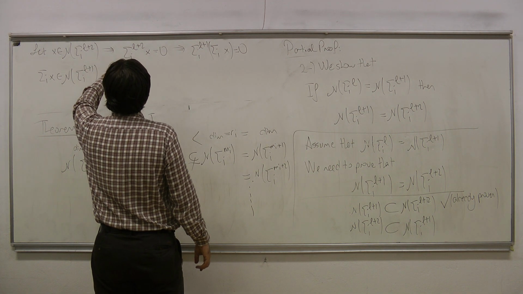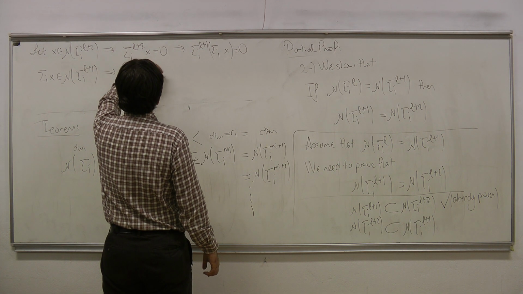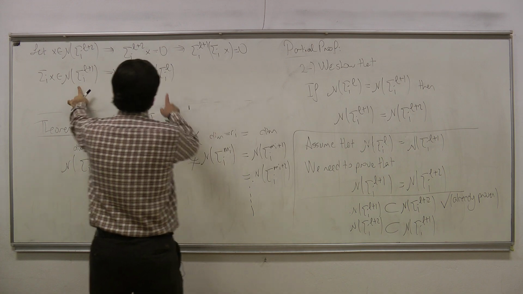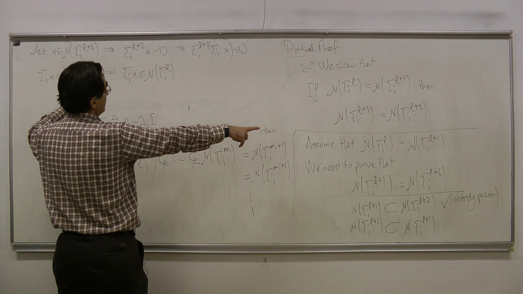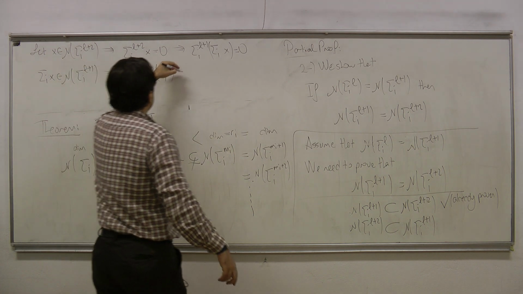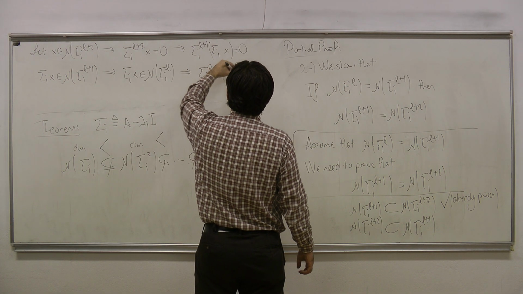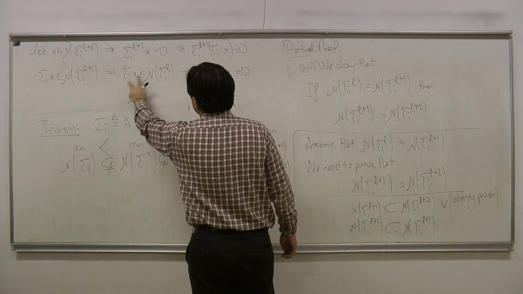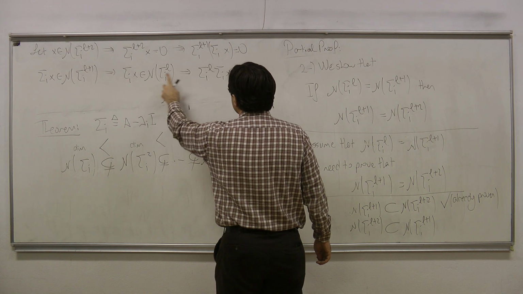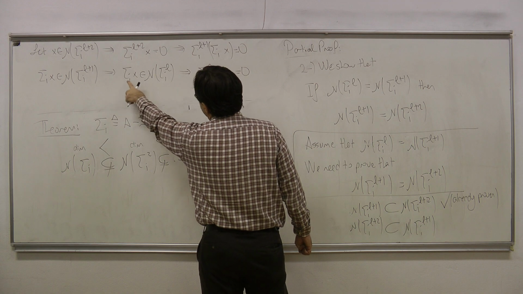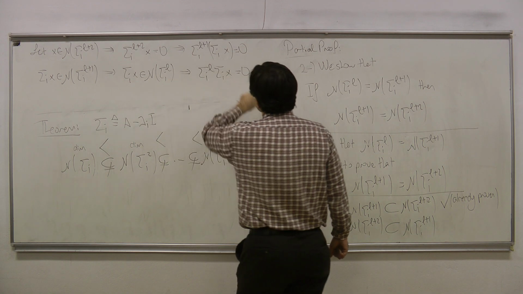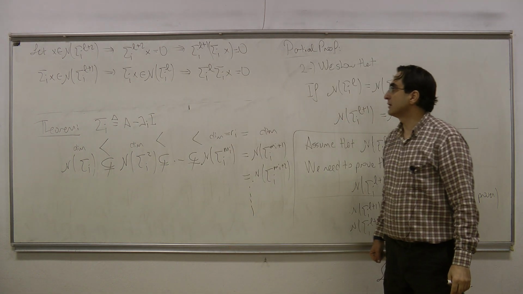That means that sigma I X is an element of the null space of sigma I to the L as well, because these two null spaces are equal by the assumption. That means that sigma I to the L times sigma I X is equal to 0. If this vector is inside the null space, then when I multiply this matrix with this vector, I would get the zero vector.